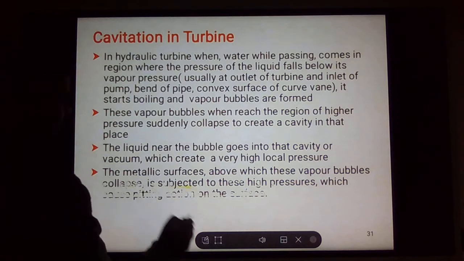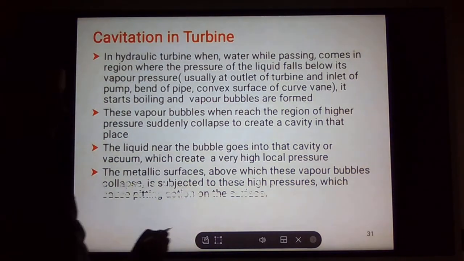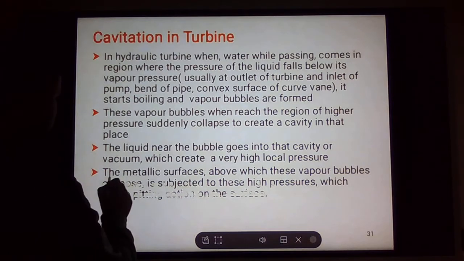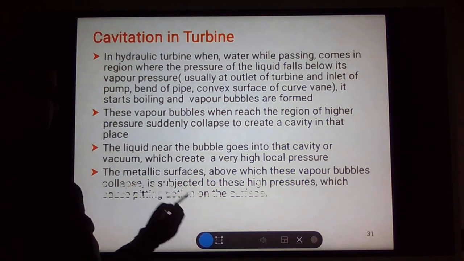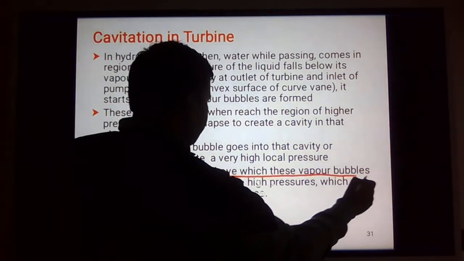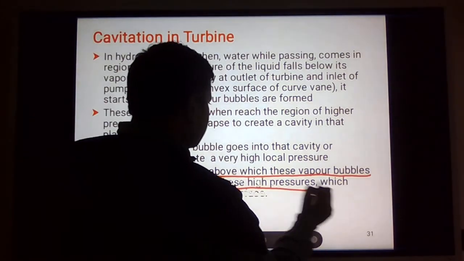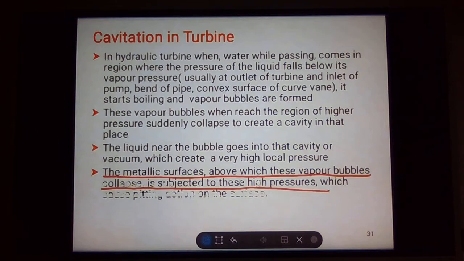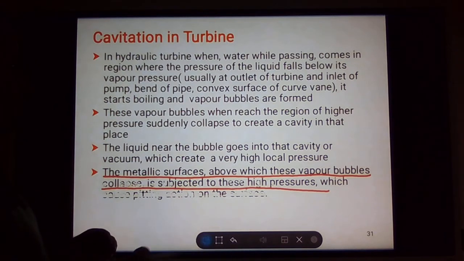So the metallic surface above which these vapor bubbles collapse is subjected to these high pressure conditions. This occurs around some metallic wall or pipe.